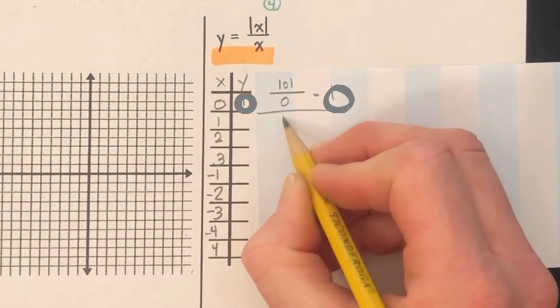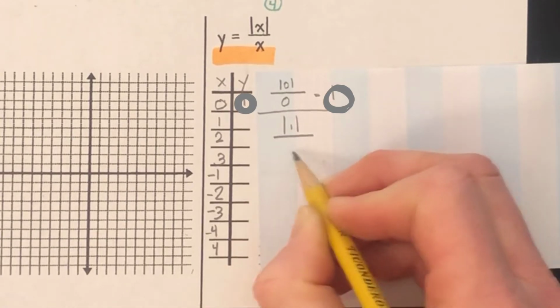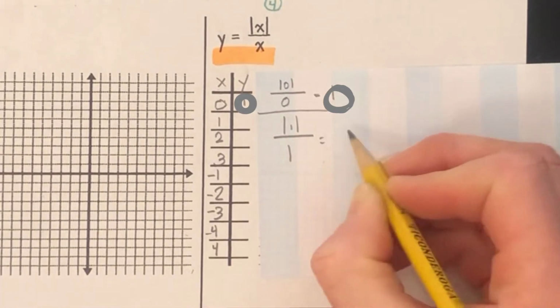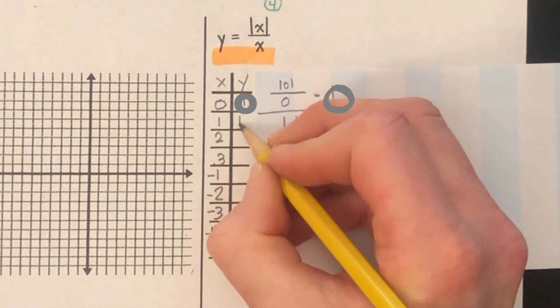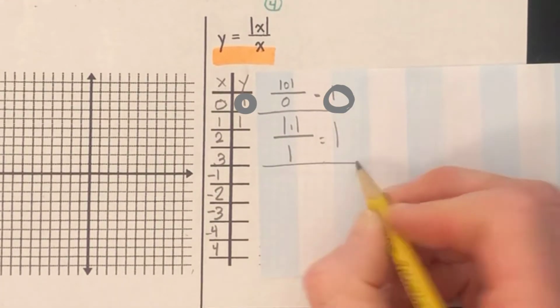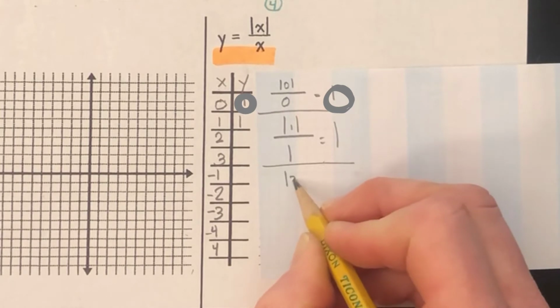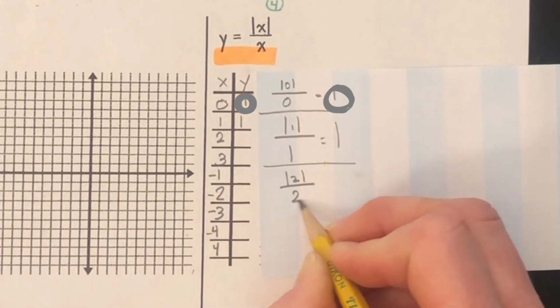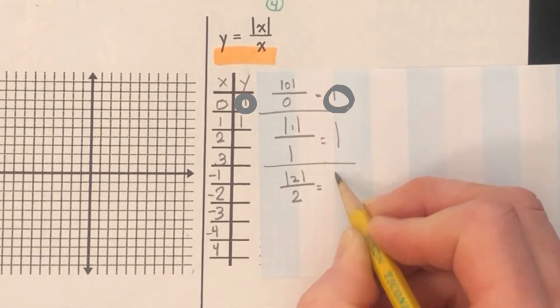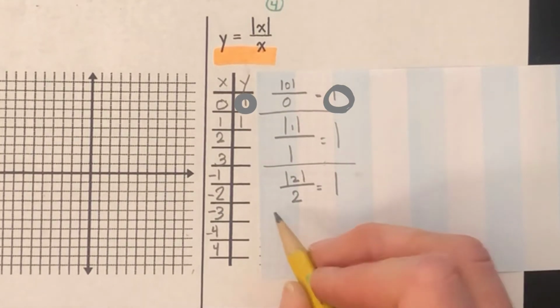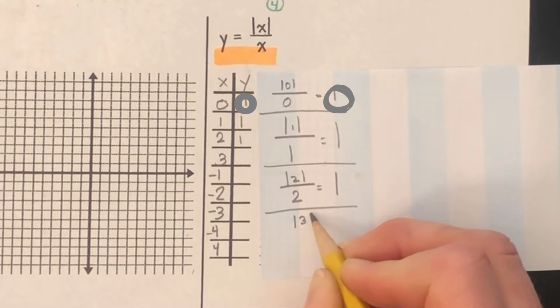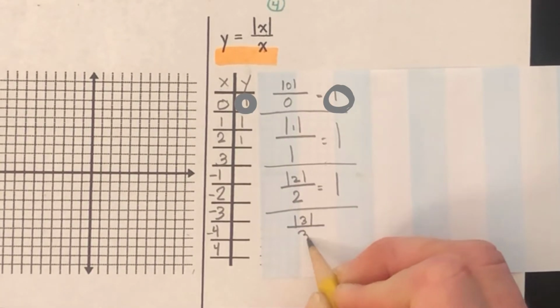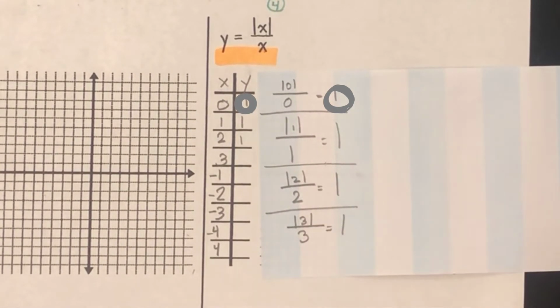The absolute value of 1 over 1 is 1. This is interesting. The absolute value of 2 over 2 is 1. The absolute value of 3 over 3 is 1.